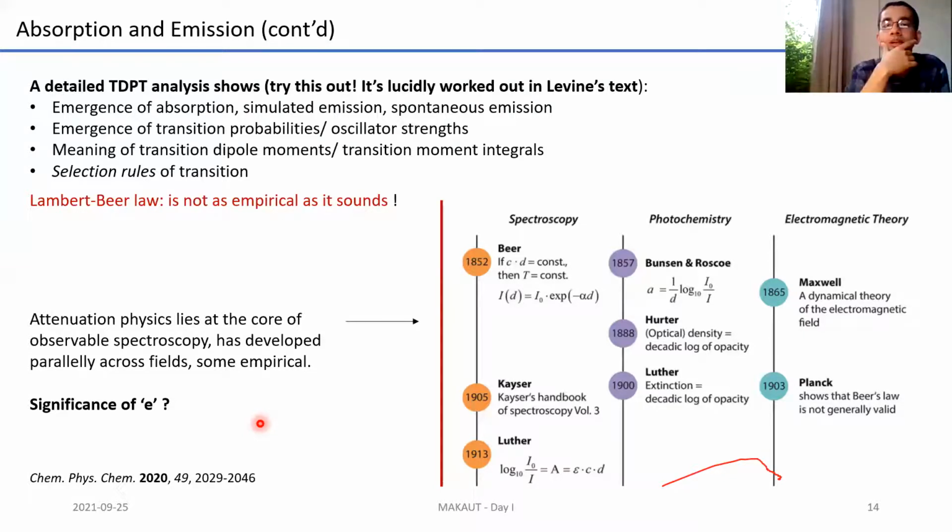That is, radiation is being absorbed, and the radiation that comes out is attenuated. This has actually been around for a very long time. As you see in these time scales, in spectroscopy, it was Beer who developed it around 1852. In the domain of photochemistry, it was around 1857 that a similar law came up. And electromagnetic theory, which is the more ab initio kind of modeling or understanding of this phenomenon, started being developed around 1865.